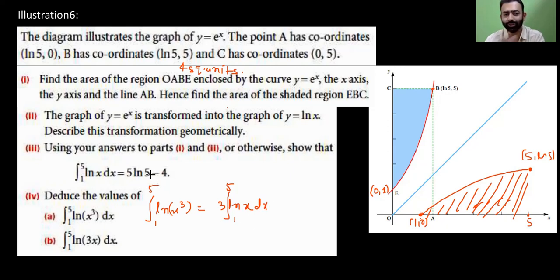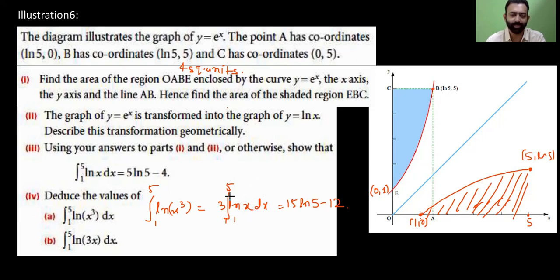So whatever is the answer of the first part, multiply this by 3. So it is 15 ln 5 minus 12, because this is your first part answer.